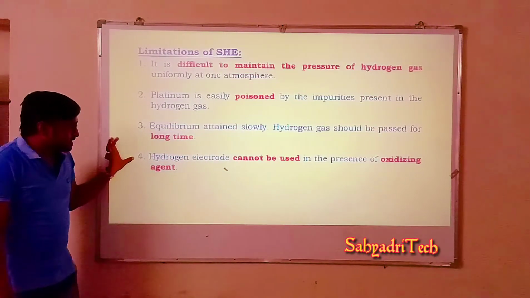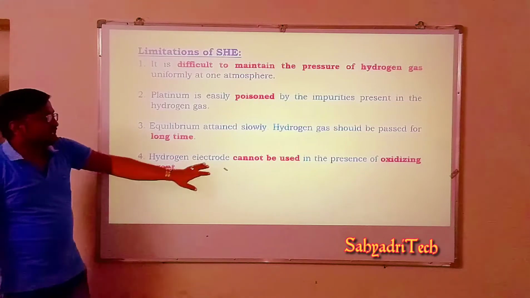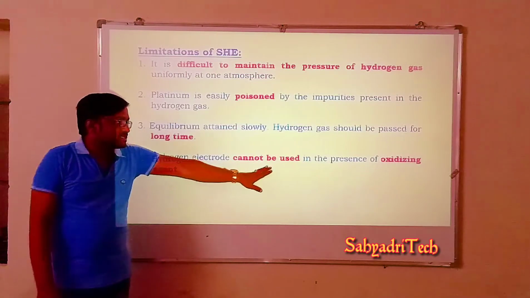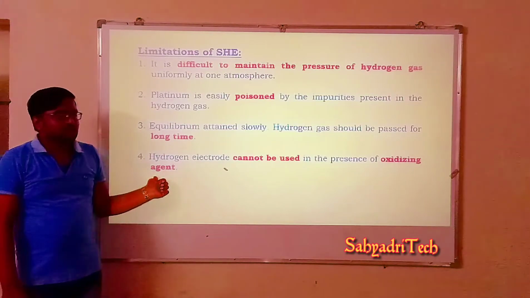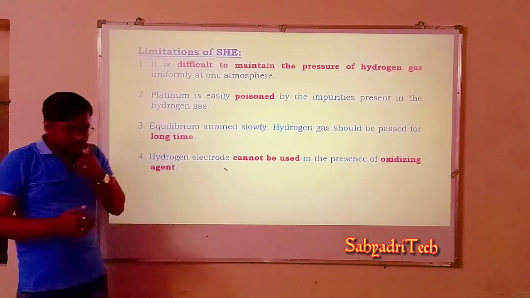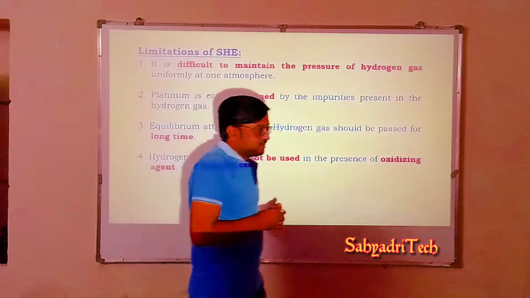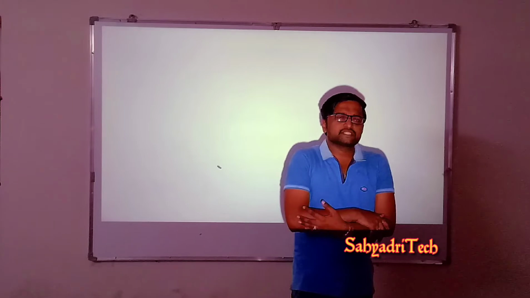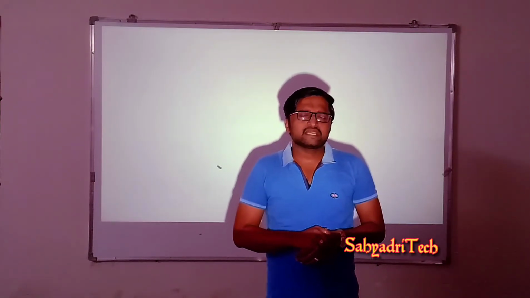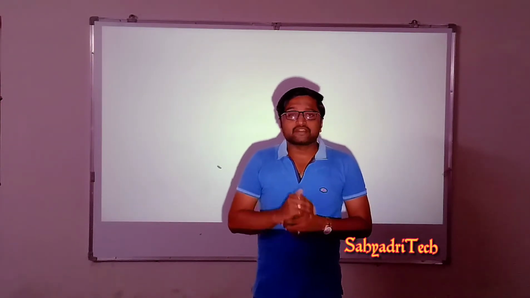Then coming to the fourth one, what it says: the hydrogen electrode cannot be used in the presence of oxidizing agents. Okay, so it is regarding the limitations of the standard hydrogen electrode. What is the use of that SHE? We said it is used as a primary reference electrode.